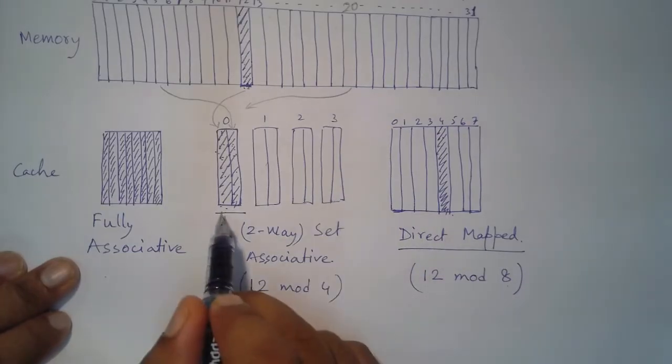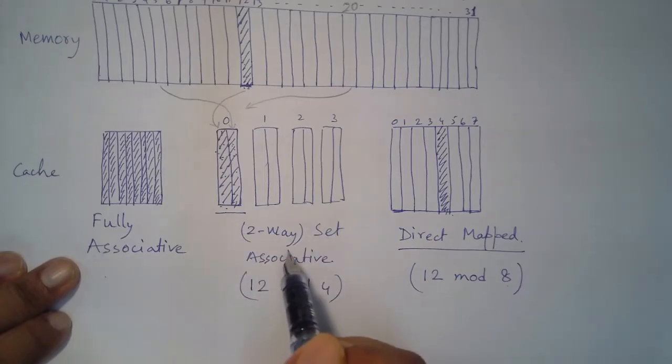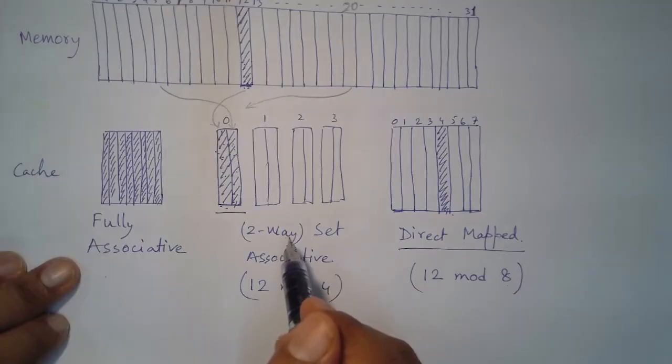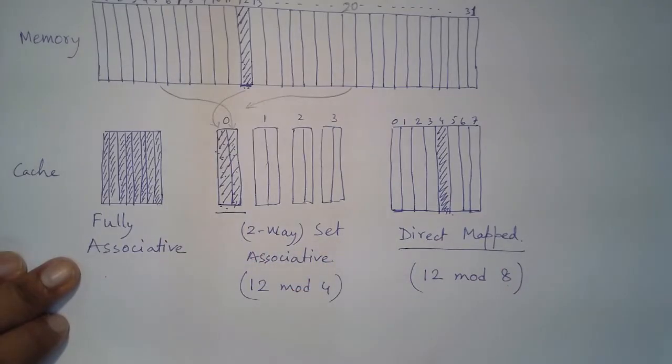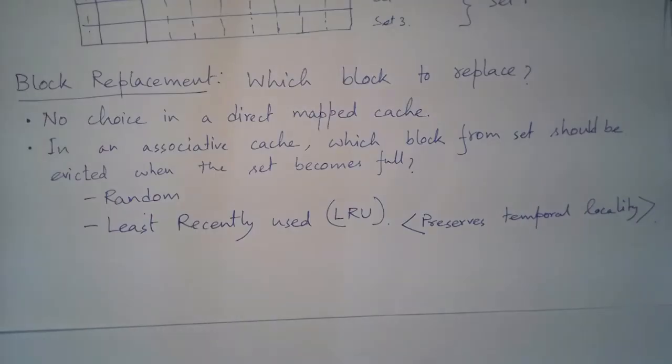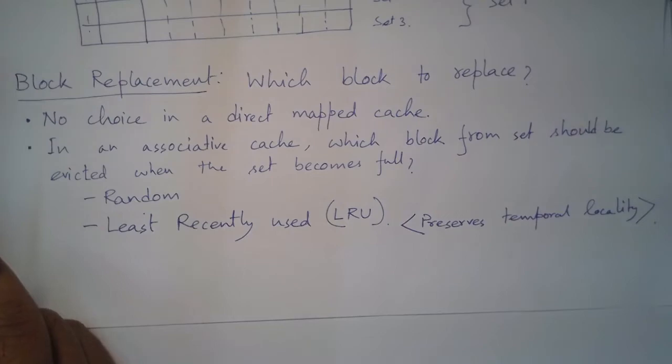But think about it, when you have, let us say, a 4-way or 8-way set associative cache, now you have to keep track of 8 blocks, and which block was used at what time. The overhead of keeping this information becomes very significant. You can't really keep up that whole information.